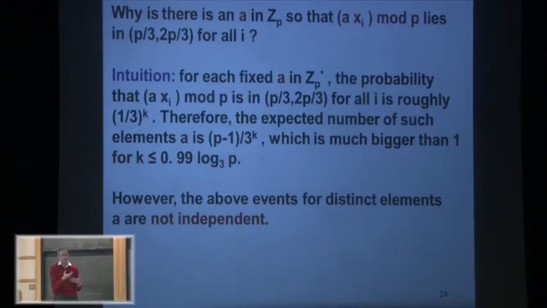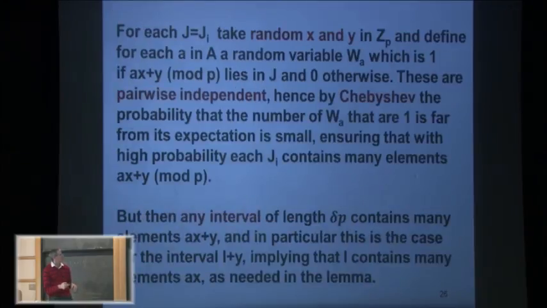But of course, this is only an intuition, because the fact that a random variable has big expectation does not necessarily mean that with very high probability this random variable is positive. And indeed, we have to do something because things here are not independent. There is some trick, and I kind of wrote it here, but let me not show it.